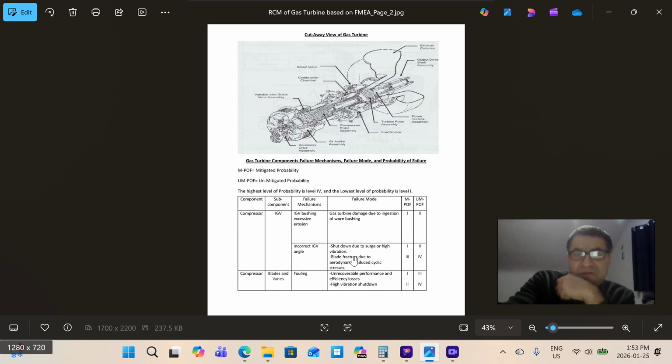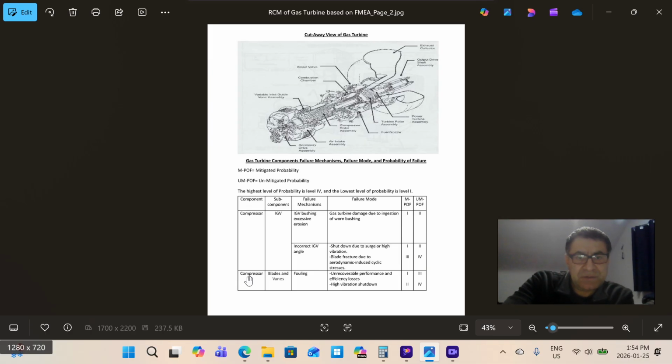Vibration can be inspected and detected by vibration devices, and this could cause blade fracture due to aerodynamic induced cyclic stress. Mitigated probability is very low, and if unmitigated, it is ultimately going to result in fracture of the blade.